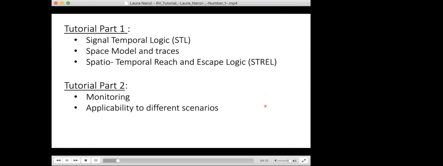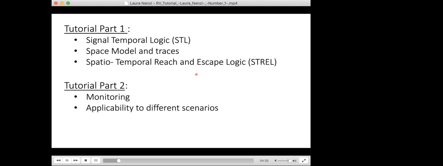In this tutorial, we will see a possibility to solve that issue, so a way to specify and check these properties using the spatio-temporal reach and escape logic, STREL.